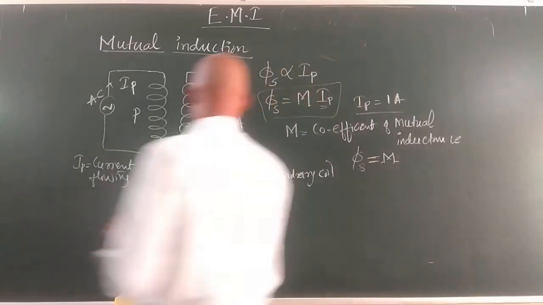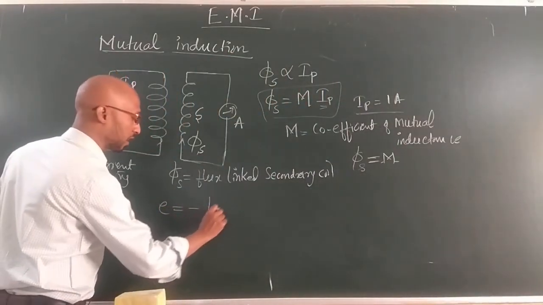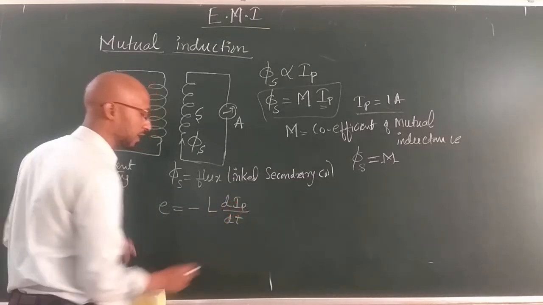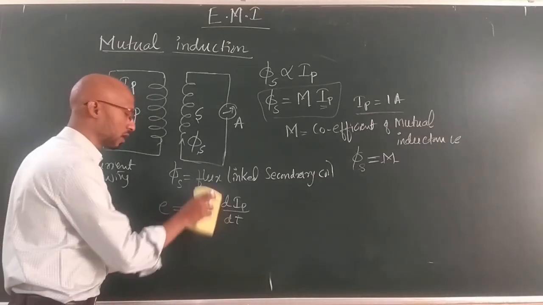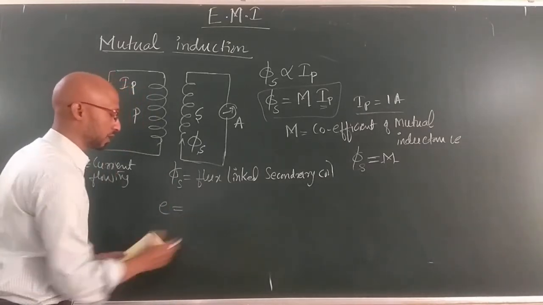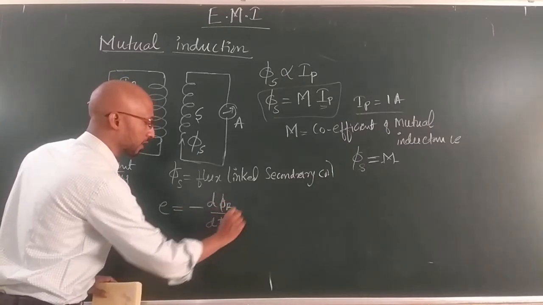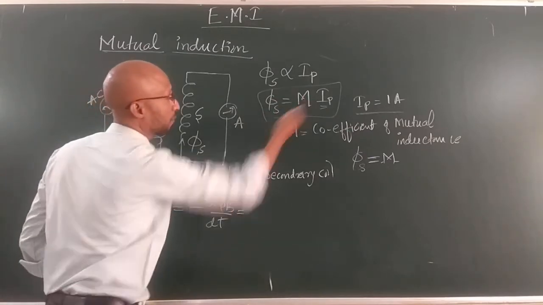If I go further, as per Faraday's law, the induced EMF is minus d phi by dt, that is, the change in flux. Now, phi is M into IP.